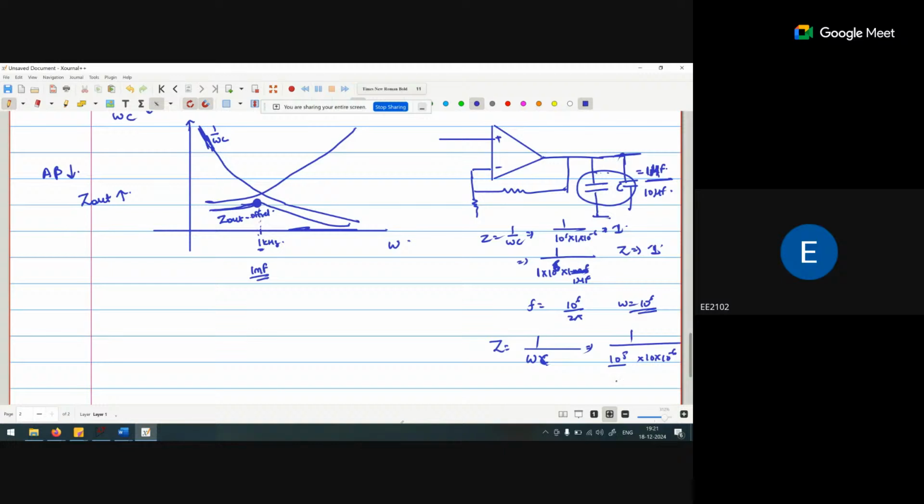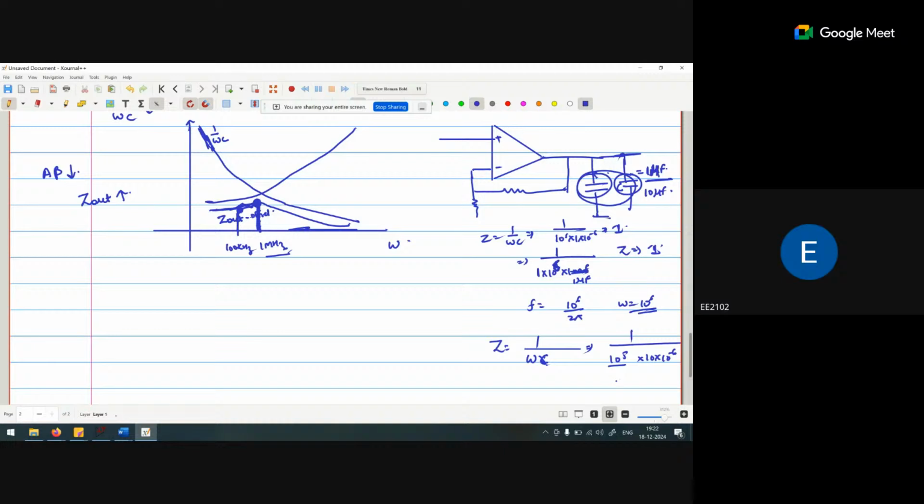So it will start working at 100 kilohertz. Okay, so my span increases. Initially it worked for 1 megahertz, now it will work from 100 kilohertz to 1 megahertz. Why? Because of 100 kilohertz because of this one, and 1 megahertz for 1 microfarad.